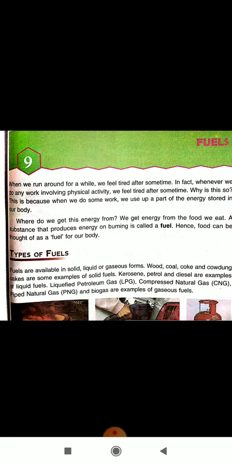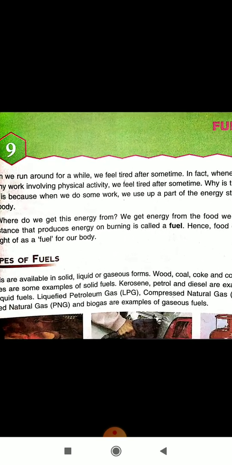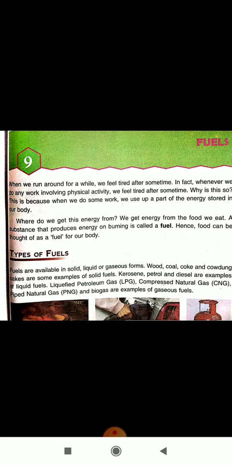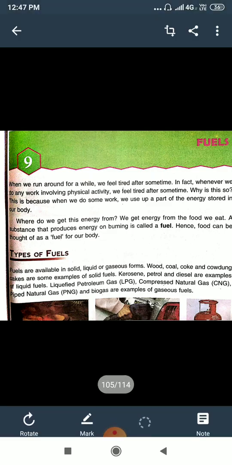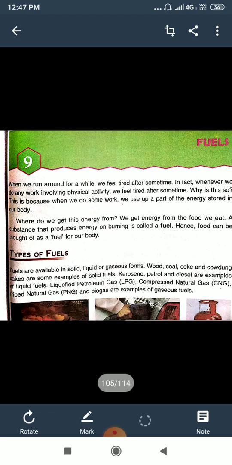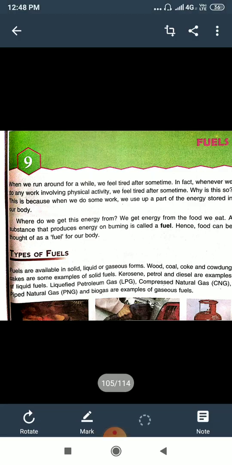So the food we eat is like a fuel. Now the next question is, ma'am, what is fuel? So see, you can see on page number 87. I have opened this page number 87. In the second paragraph, you will see that a substance that produces energy on burning is called a fuel.